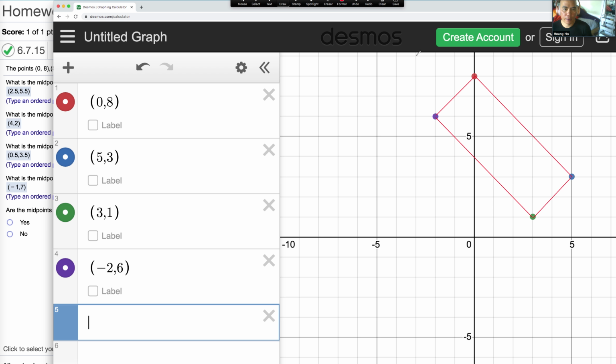Okay, 1 midpoint, 2 midpoint has to be right here, 3 midpoint, and the 4 midpoint right here. Let's connect the 4 midpoints together.